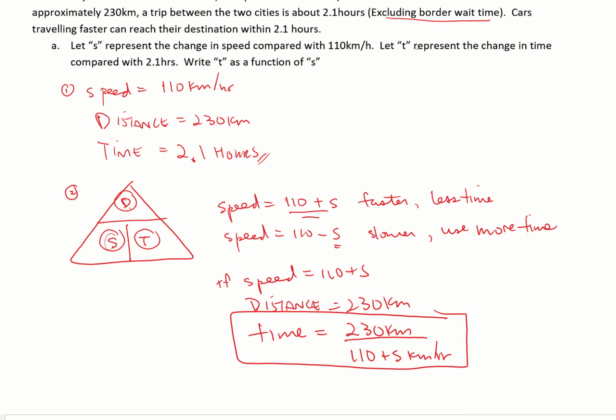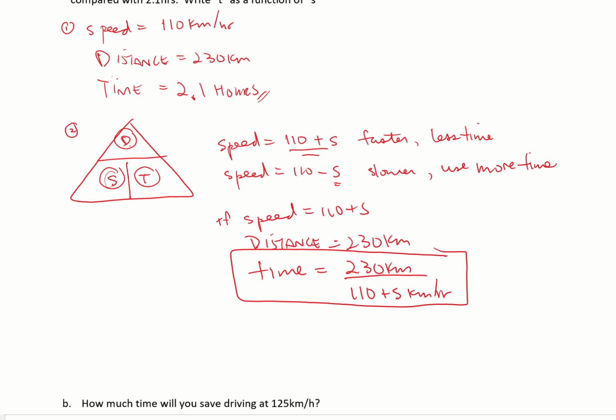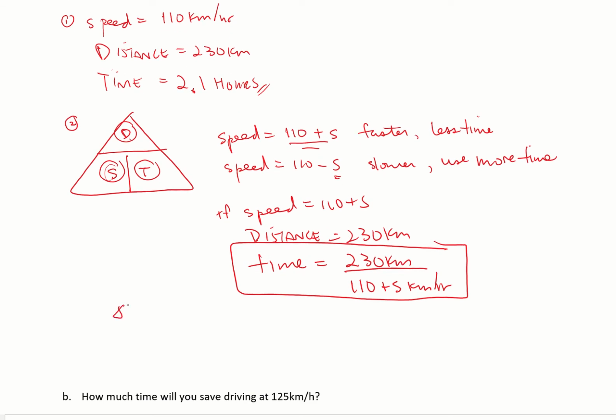And then part A says, T is supposed to represent the change in time. So change in time compared to 2.1 hours. So your change in time, delta T, will then be equal to, now this time over here, if you're going faster, it's going to be less than 2.1. So the change in time, delta T, will be 2.1 minus 230 over 110 plus S. Okay?